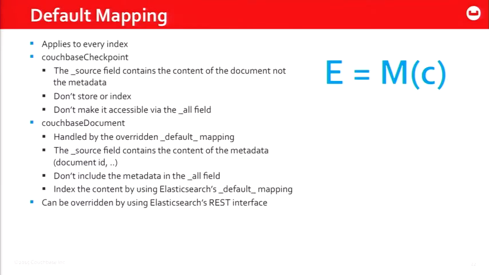And what you can do, quite easily, is override our default mapping. So what happens is, you send over a document, and the document is then already processed by Elasticsearch for indexing purposes. And how this document is processed depends on the mapping which is specified.